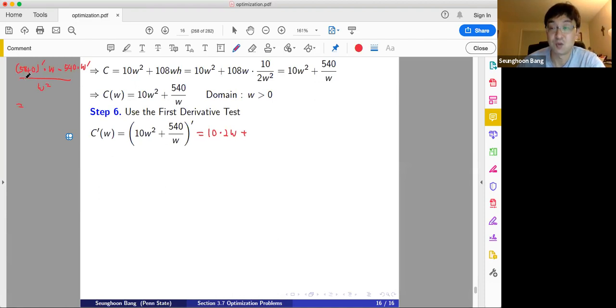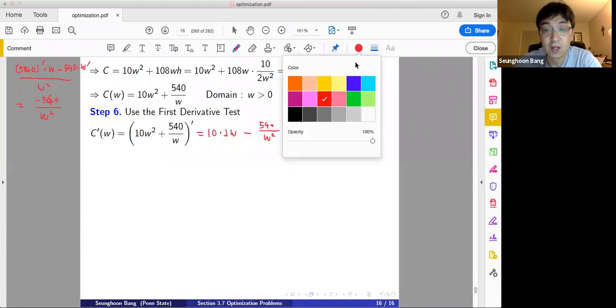The derivative of W is 1, and 1 times 540 gives negative 540 over W squared. So we have 20W over 1 minus 540 over W squared.